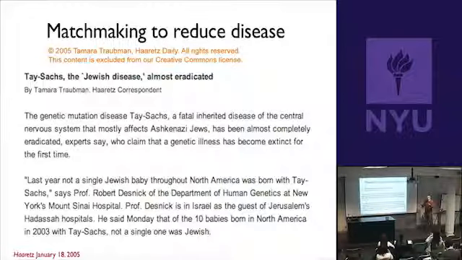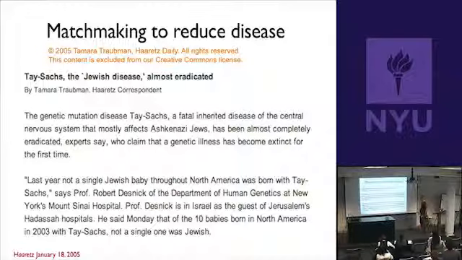Because if they're both carriers, they have a 25% chance of having a child with the disease, okay? And that testing has been so extensive that very, very few babies of two Eastern European Jewish parents get Tay-Sachs disease, because it just doesn't happen that the two parents would actually have children together.